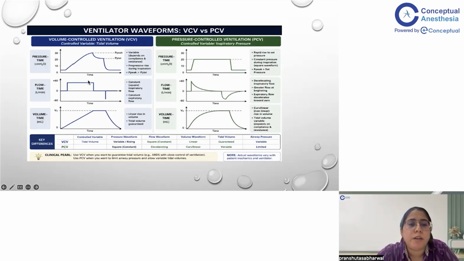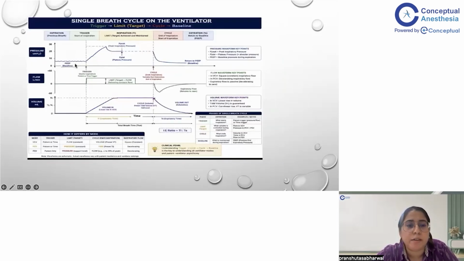What converts inspiration into expiration is called cycling. This needs to be understood. I have shown it here more clearly and labeled it. Any disturbance you can see at the start means there is an asynchrony related to the trigger.